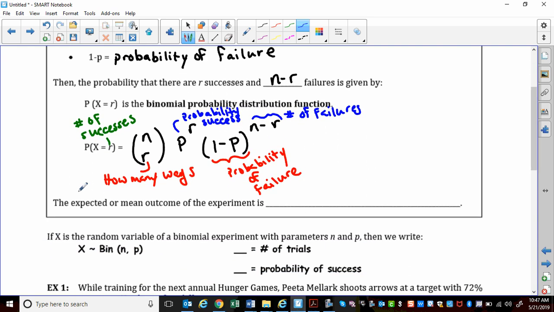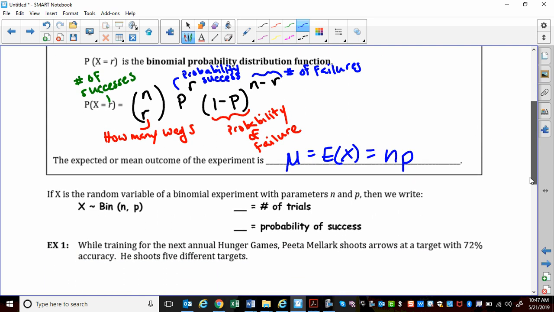All right, the expected or mean outcome of the experiment, the expected value, is N times P. That's it. So the number of trials times the probability of success.